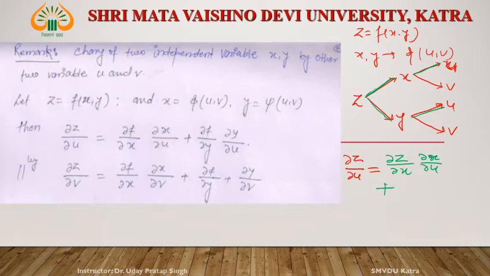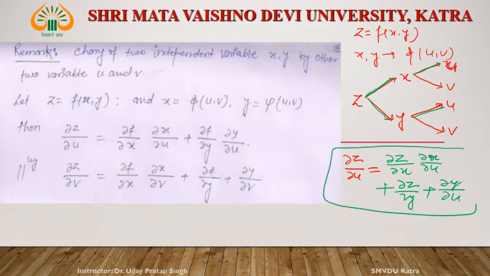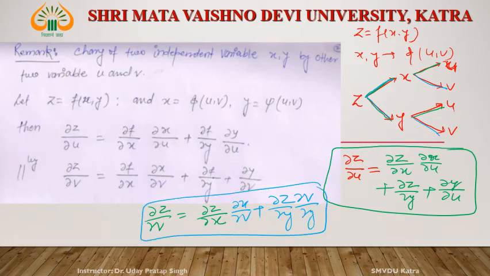Similarly, for del z by del v, there are two paths from z to v. One is z to x and x to v, another is z to y, y to v. It means del z by del v is equal to del z by del x times del x by del v plus del z by del y times del y by del v.